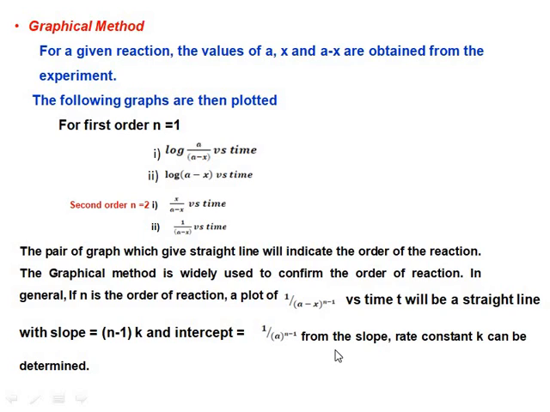From the slope, the rate constant k can be determined using the values of this plot versus time. So from this slope we can calculate the rate constant and the order of the reaction.